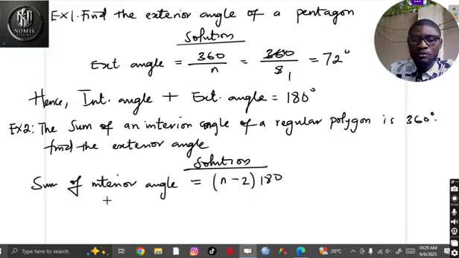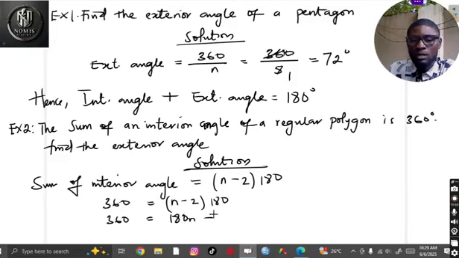So if the sum is 360, that will be 360 equals n minus 2 multiplied by 180. Open the bracket: 360 equals 180n minus 2 times 180, which is 360. Make n the subject of the formula.